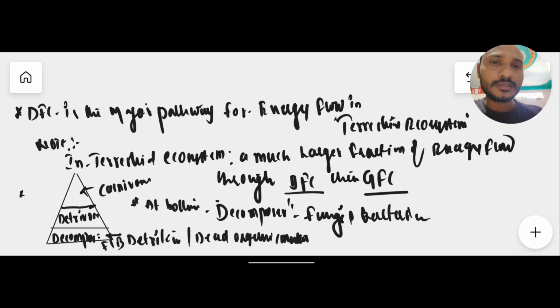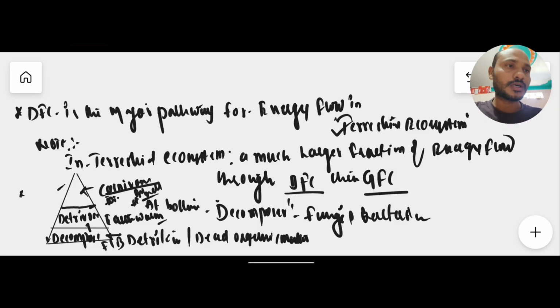Fungi and bacteria give some energy to the detritivores, such as earthworms, and then from the earthworm the energy moves to the upper level, like carnivores. Carnivores may be birds or any other organisms. So this DFC starts from decomposers and goes to the top carnivores. This DFC is the major pathway for energy flow in terrestrial ecosystems.